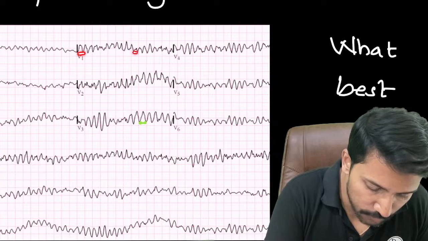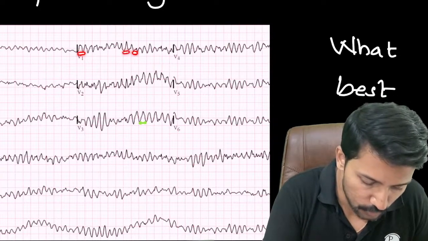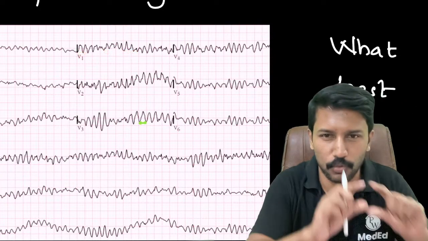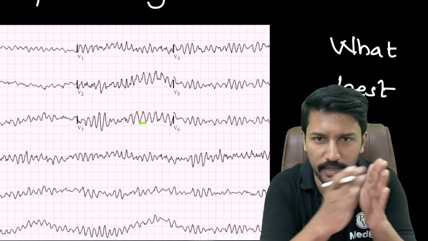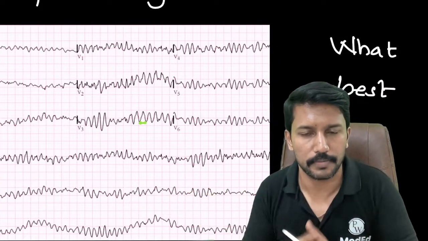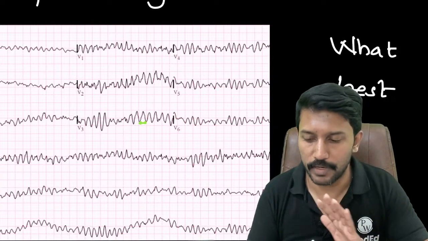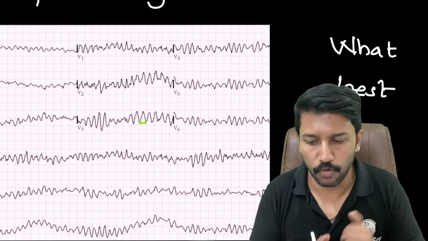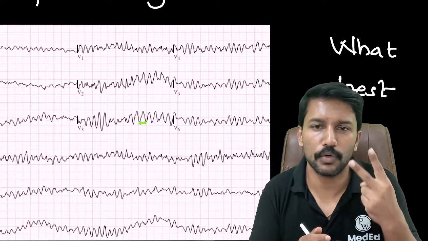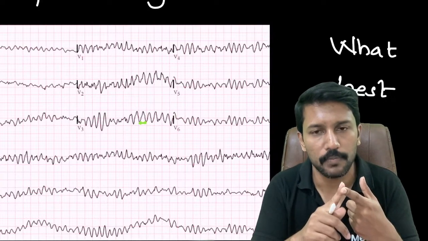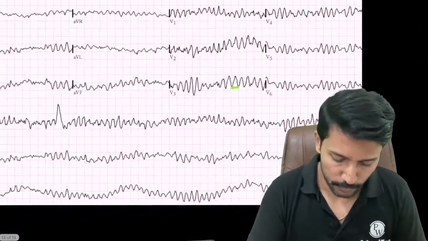This complex looks different from this complex. They don't look the same in any lead. Take one lead and look at the QRS complexes, they're all different. So one thing we can confidently rule out is monomorphic ventricular tachycardia. That is out. We are left with only two possibilities, polymorphic VT and ventricular fibrillation, right?